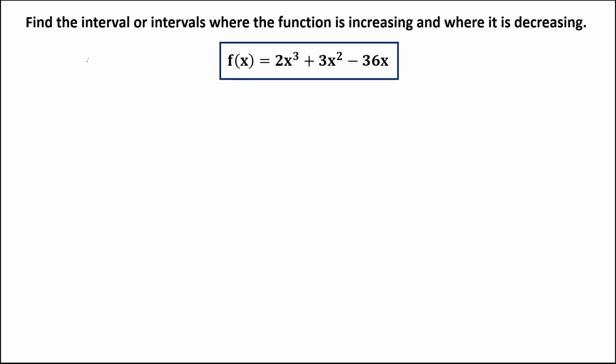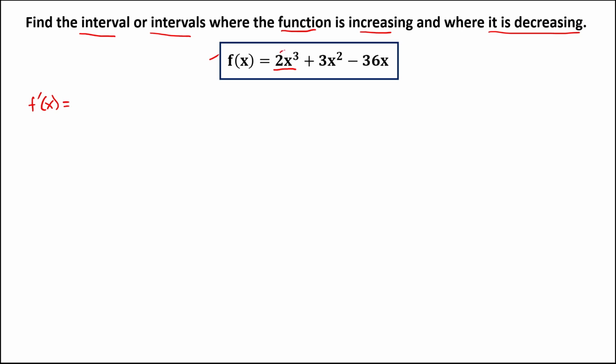So for this problem, to find the interval or the intervals where the function is increasing and where the function is decreasing, for this given function, first we need to find the first derivative. So we have f prime of x equals the derivative of 2x to the power 3.